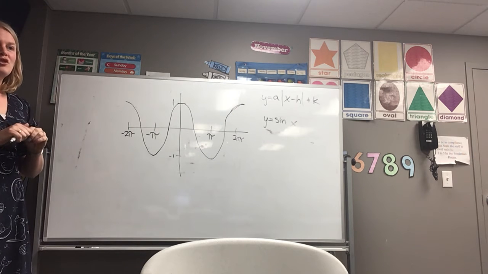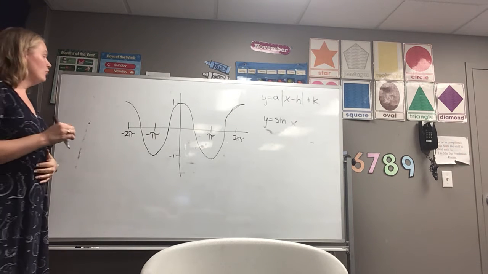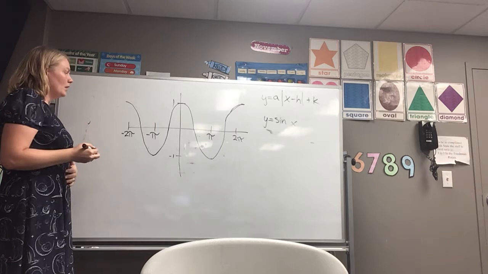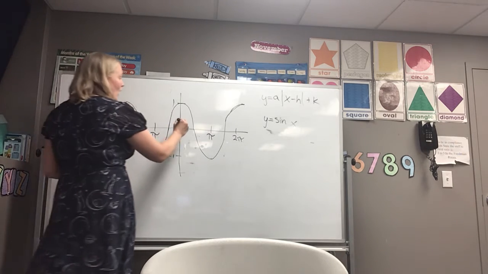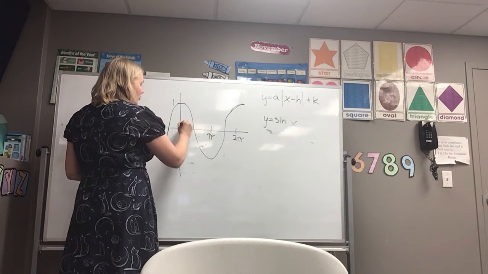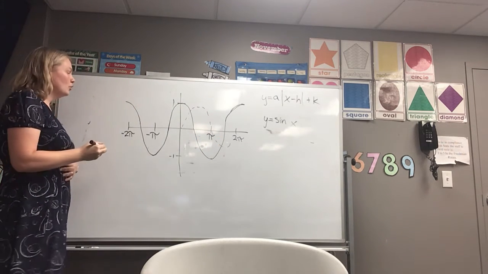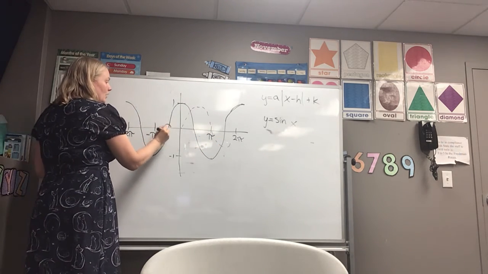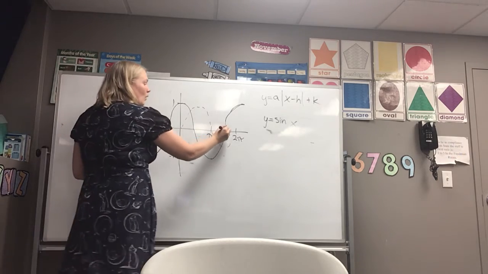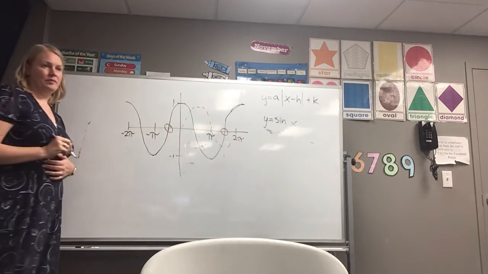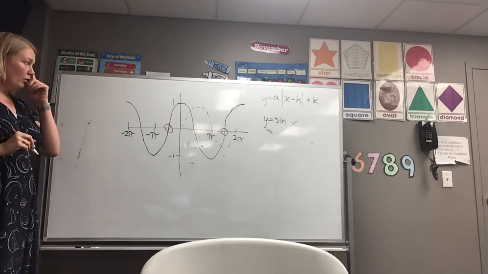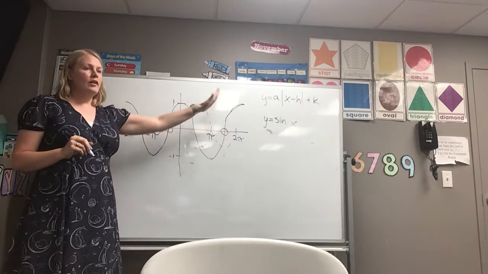I'm going to talk about two of them just because. So, in a standard sine graph, we start at the origin and we go up and then down, right? So, we are interested in either this point or this point, because both of those are essentially the start of a sine wave.